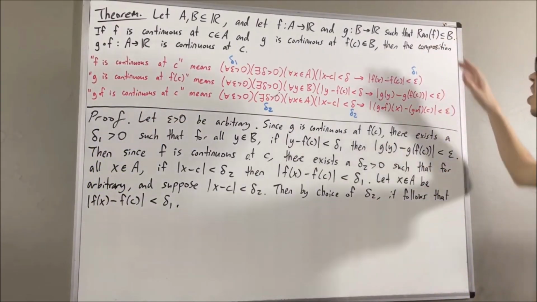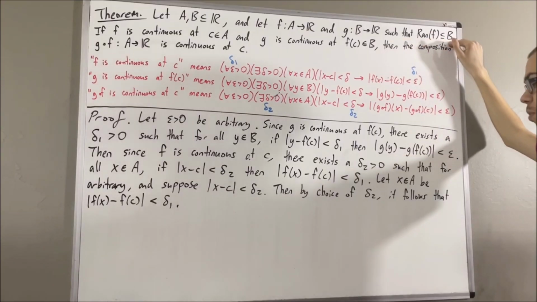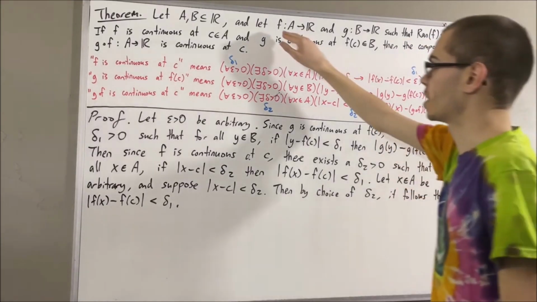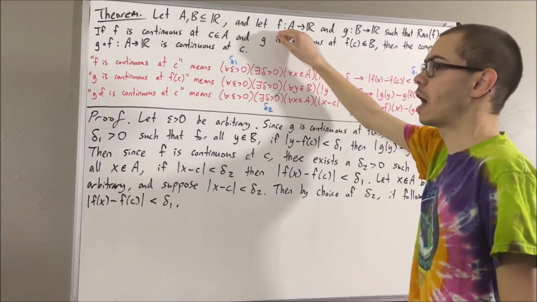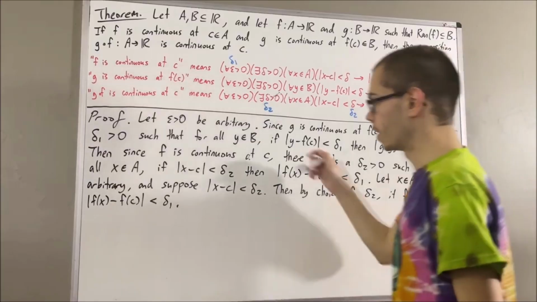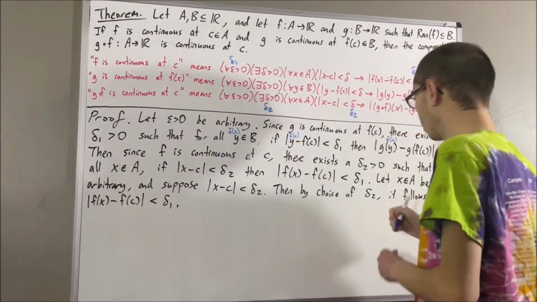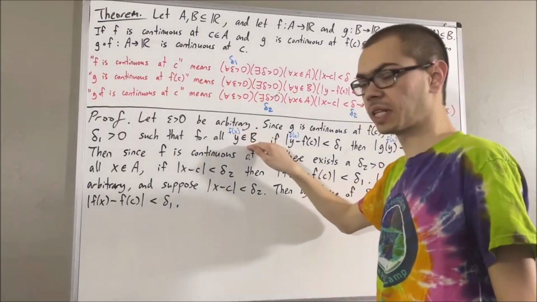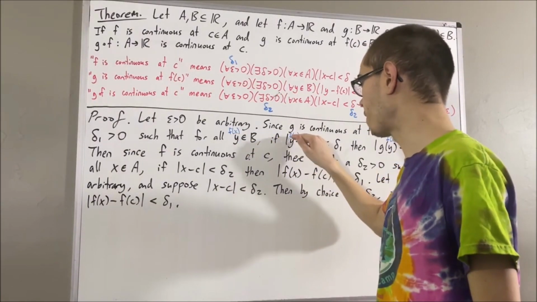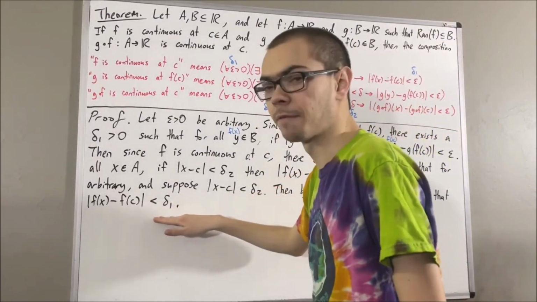Now let's remind ourselves, every output value of the function f is an element of B. So in particular, when we send x into the function f, the output value f of x will be an element of B. Now, replacing y here with f of x, we know that f of x is an element of B, and the absolute value of f of x minus f of c is less than delta 1, because that's what we have here.